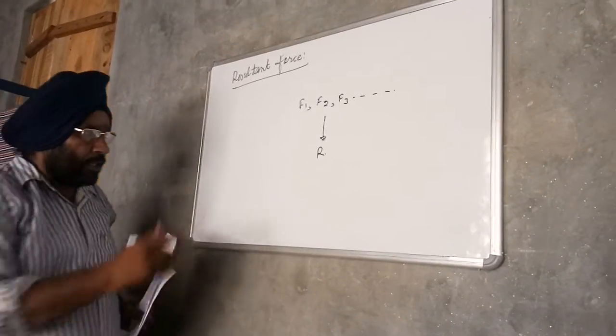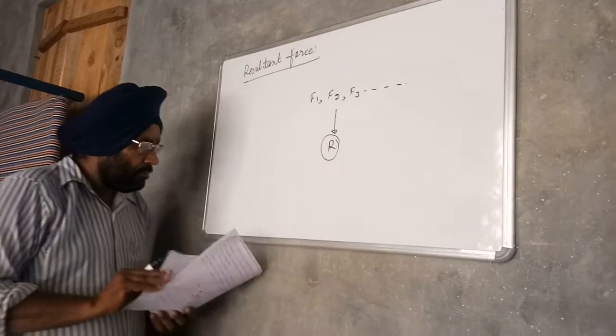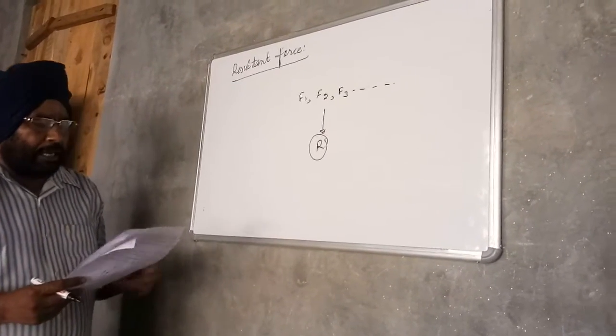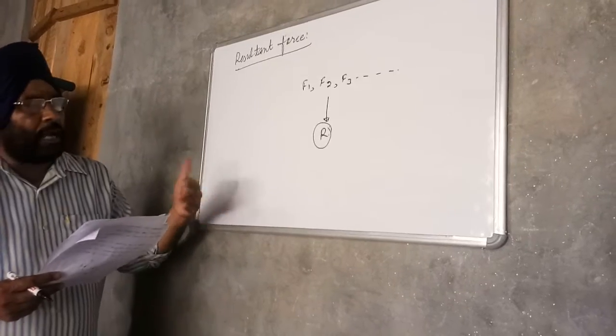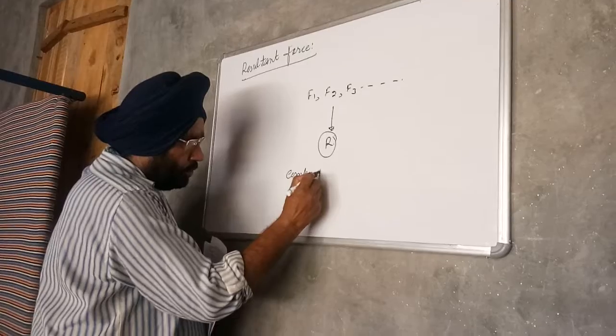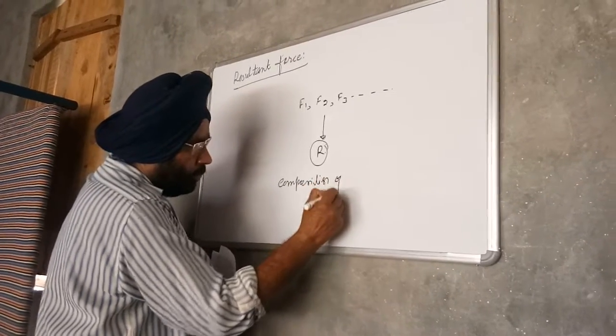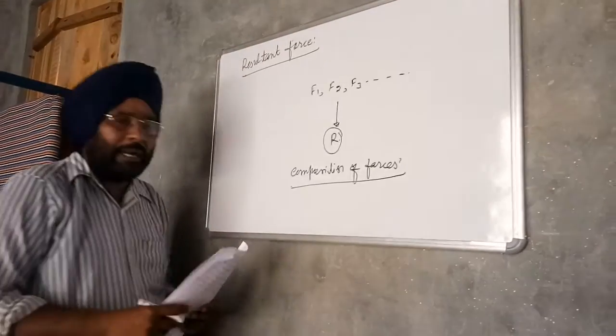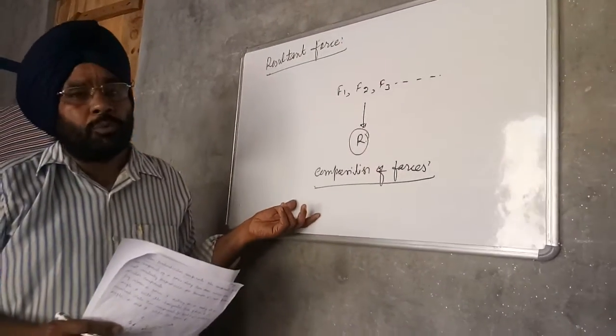Then this single force R is called the resultant force. And the method of finding the resultant of forces is called composition of forces. Composition of forces means to find the resultant of a number of forces.